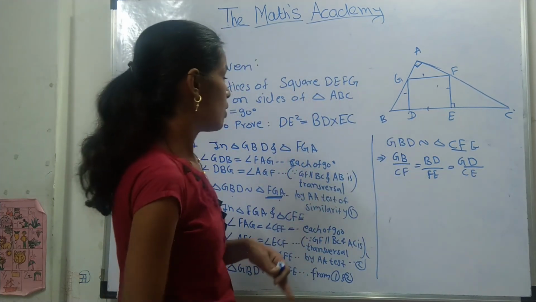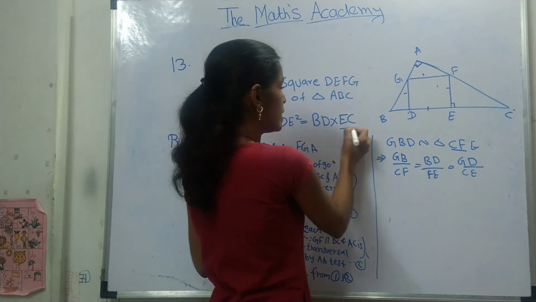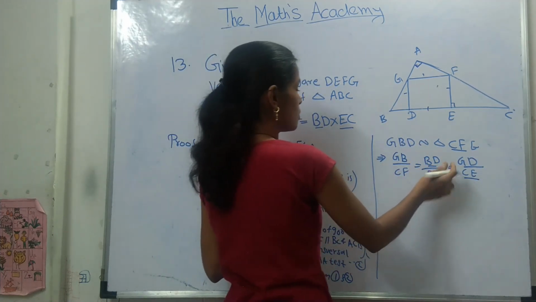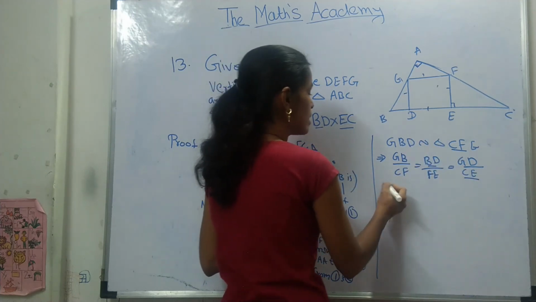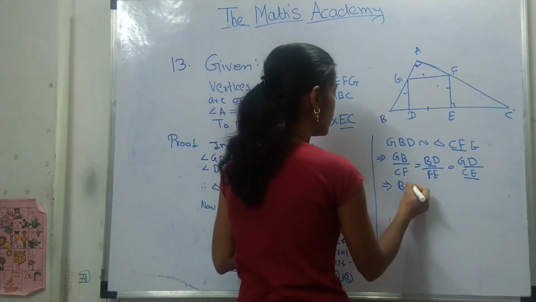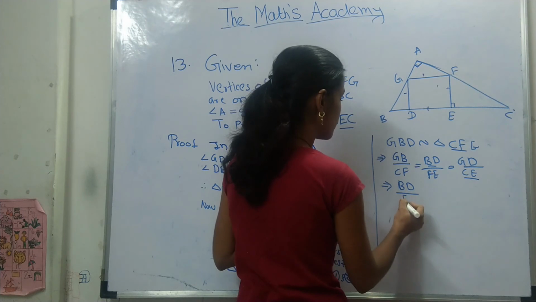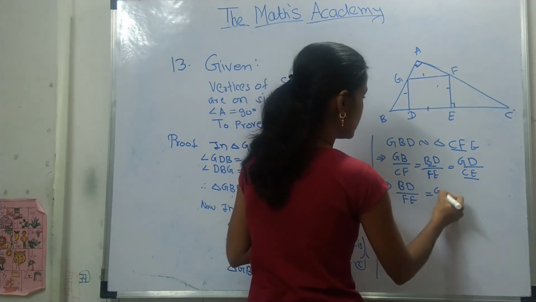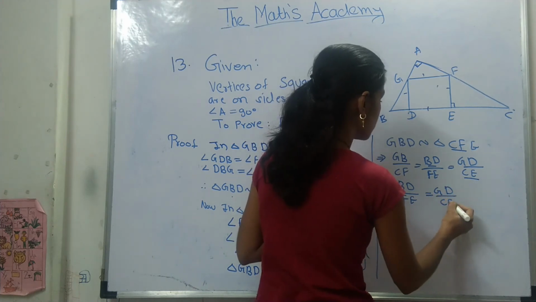Okay. Now let's see here. CE is needed in the result, BD is needed in the result. So we will consider these two ratios. This implies that BD upon FE is equal to GD upon CE.